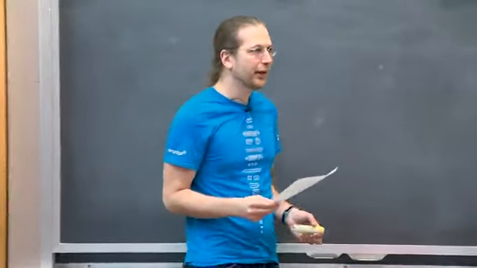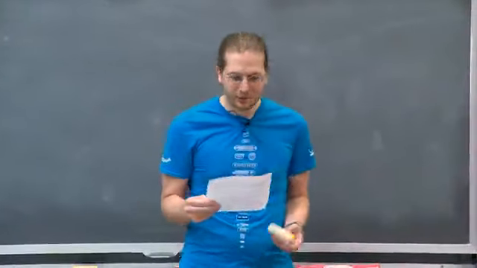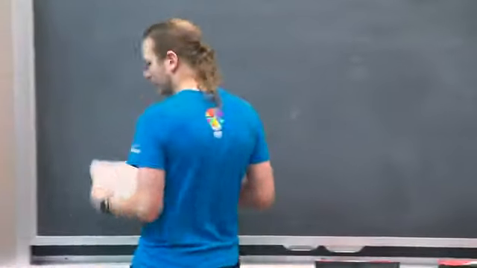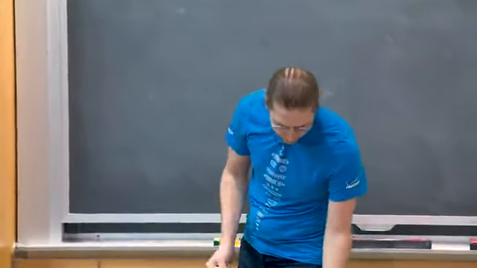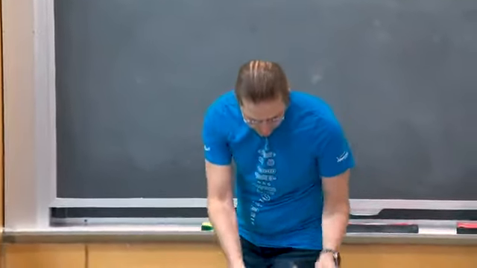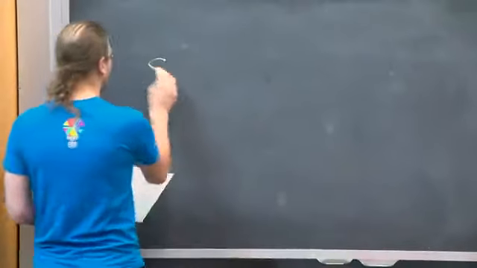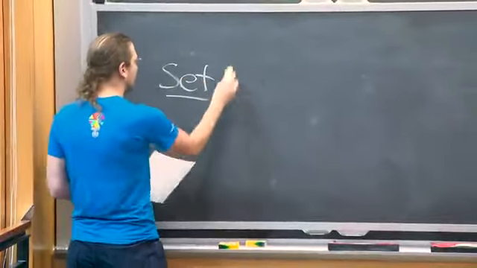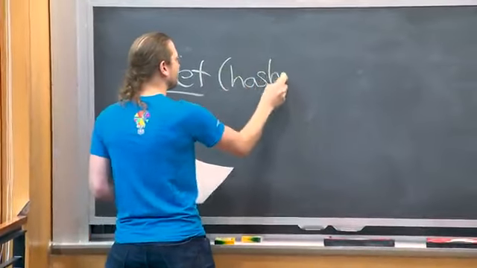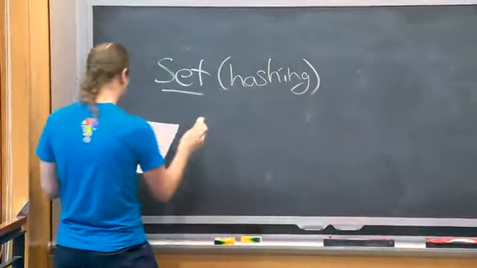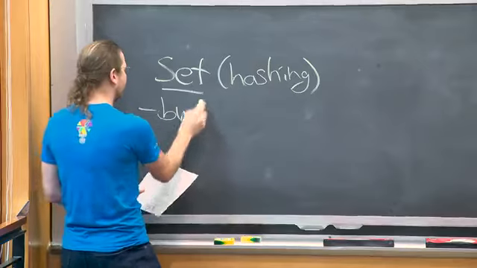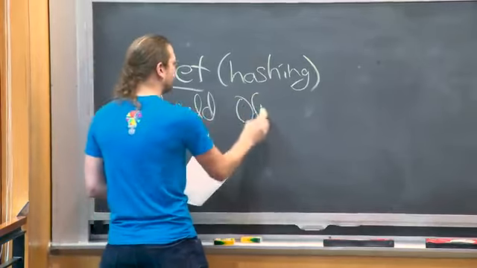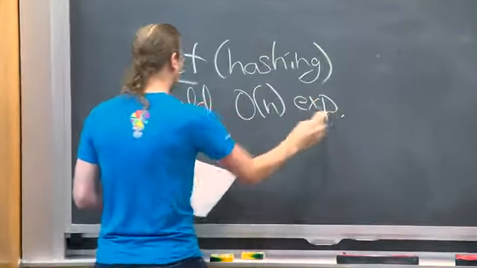In lecture last week, we saw hash tables implement sets. Let me just remind you of some things that they can do. On the one hand, set hashing: we're going to need this in a moment. This is just a reminder from lecture.